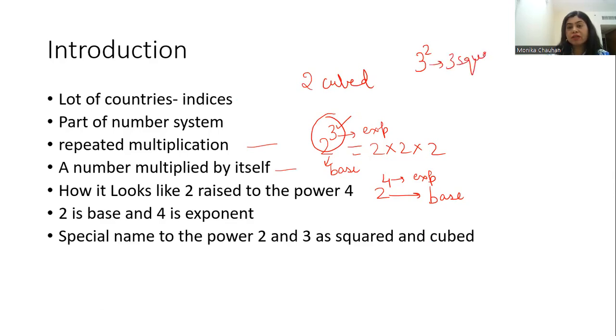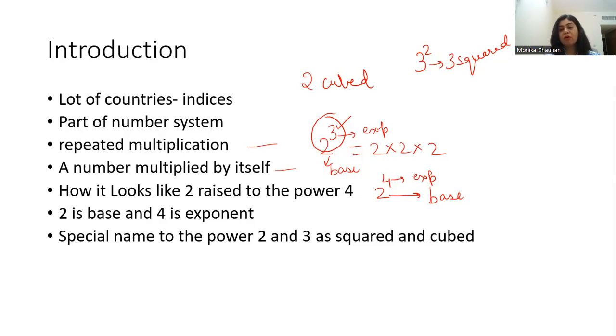So when the power is 2 or 3, we call it a square or cube. Otherwise, we say 2 raised to the power 5, 2 raised to the power 6. So there's a special name.